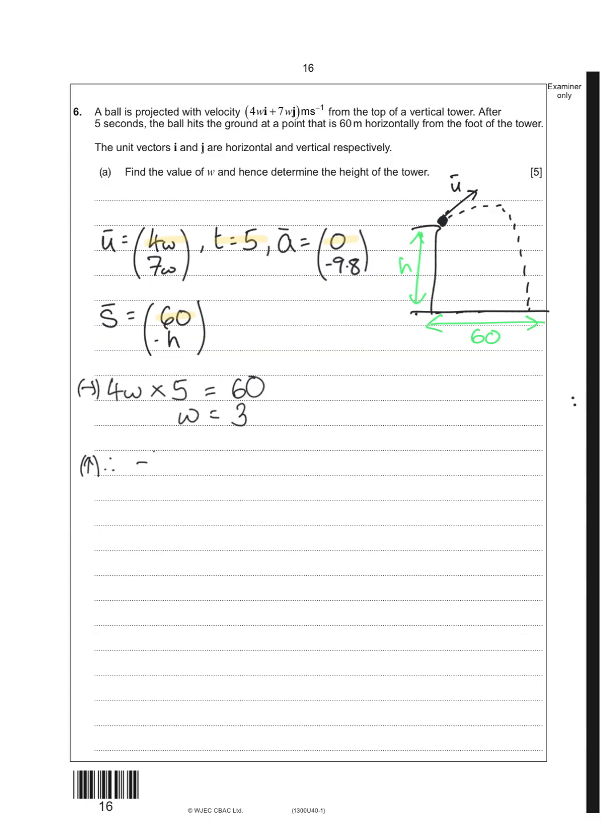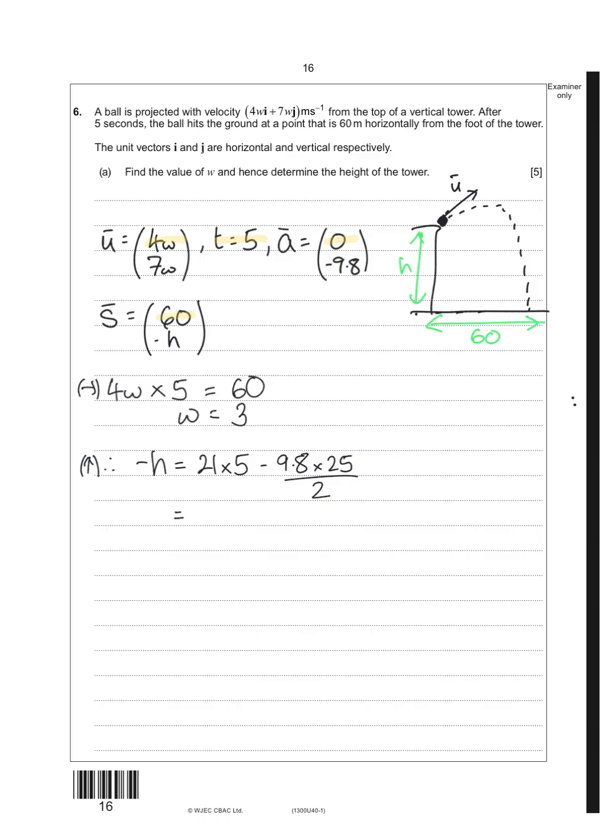I can say that minus h, so s equals, so if w is 3, that means 21, u times t minus a times t squared over 2.